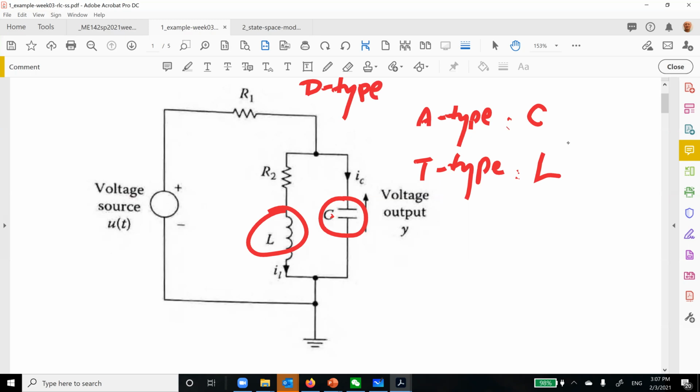So for the system in front of us, we don't call it a circuit anymore. Why? Resistor, yeah. So these R1, R2 resistors dissipate energy, so they are D type.